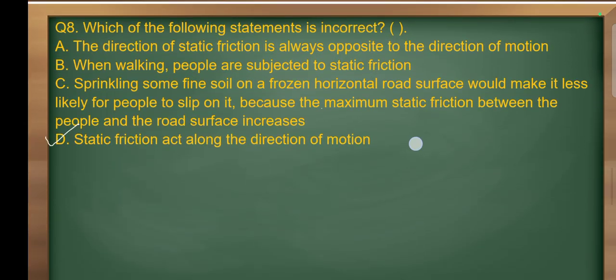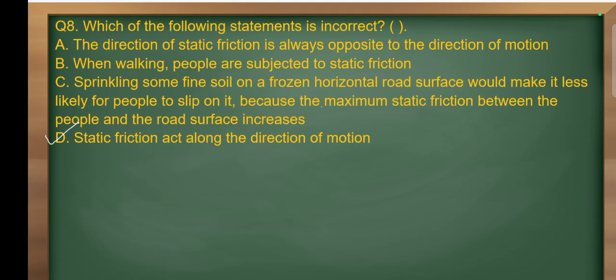Question number 8. Which of the following statements is correct? A. The direction of static friction is always opposite to the direction of motion. We know that static friction is always opposite to the direction of motion, so this option is correct. When walking, people are subjected to static friction.